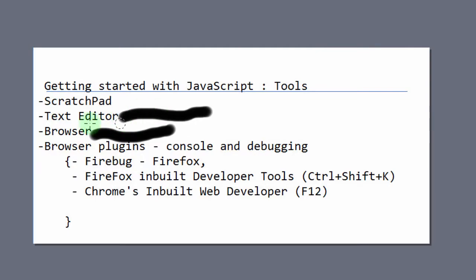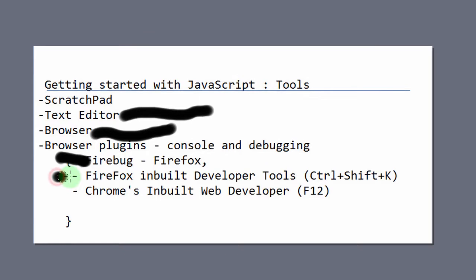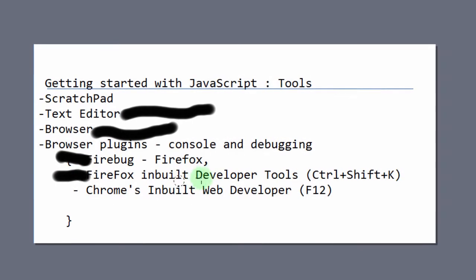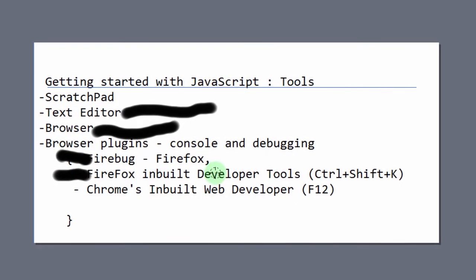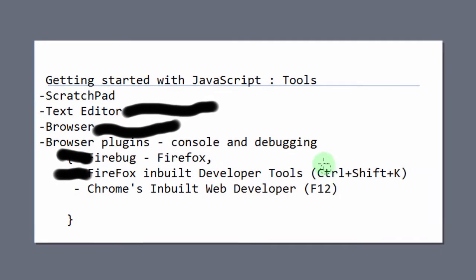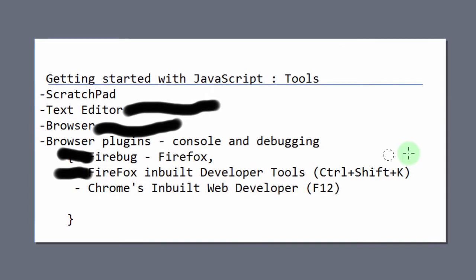Text editor, browser, check. Then browser plugins. You'll need a way to debug code. On Firefox, there is Firebug. Just get Firebug and install it. We also have Firefox's inbuilt developer tools. If you don't want to install any add-ons, you can just use the inbuilt developer tools for Firefox. To open them, just press Ctrl+Shift+K.